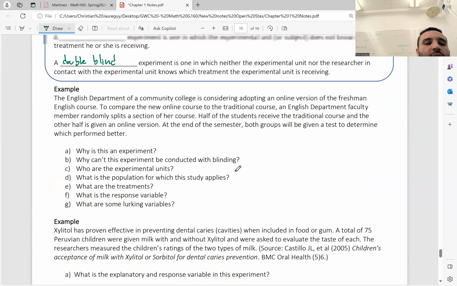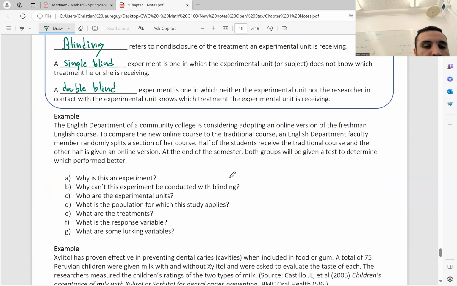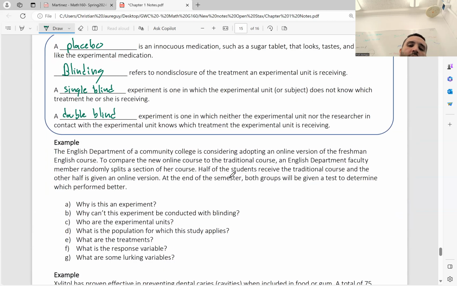So let's look at an example and label some things here. The English department of a community college is considering adopting an online version of the freshman English course. To compare the new online course to the traditional course, the faculty member randomly splits a section of her course. Half of them go through the traditional way, the other half do the online version.